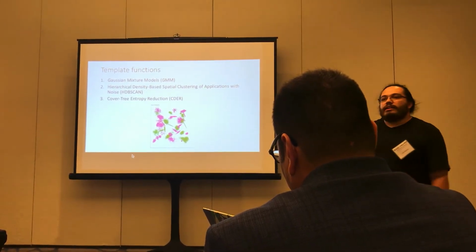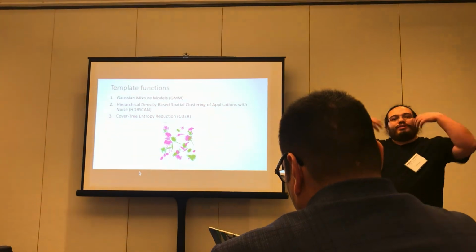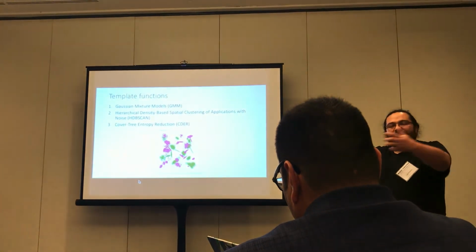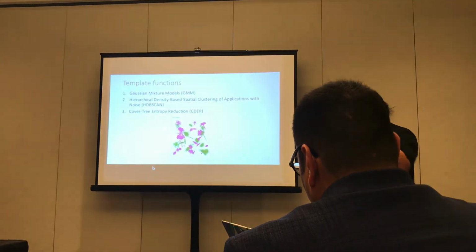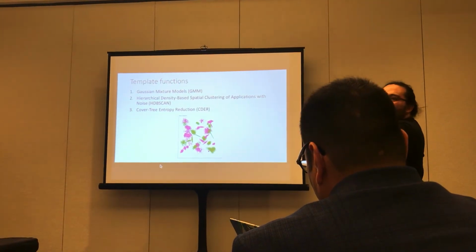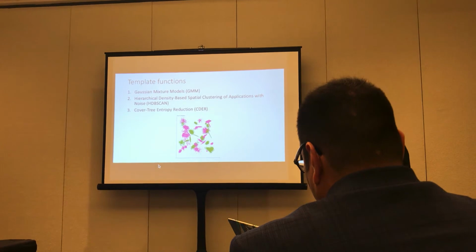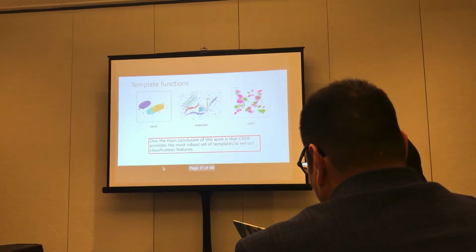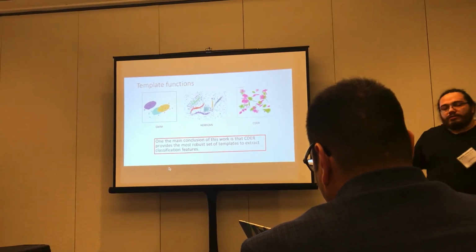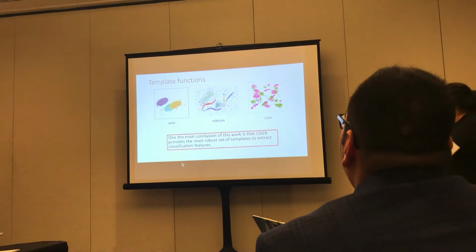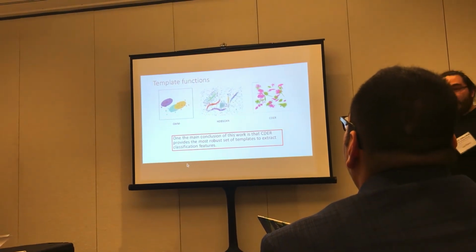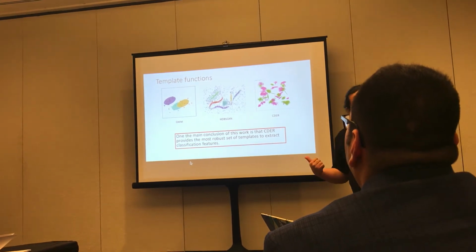CEDAR is basically a cluster tree algorithm that is trying to minimize a notion of entropy for the cluster tree that you obtain. So it's looking for a cluster tree with a minimum notion of entropy. And one of the main results that we obtain out of taking all these approaches is that CEDAR provides a more robust set of features.